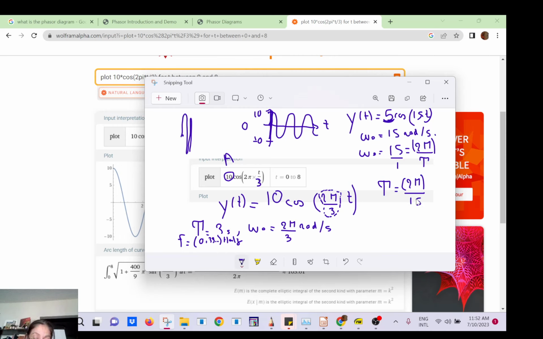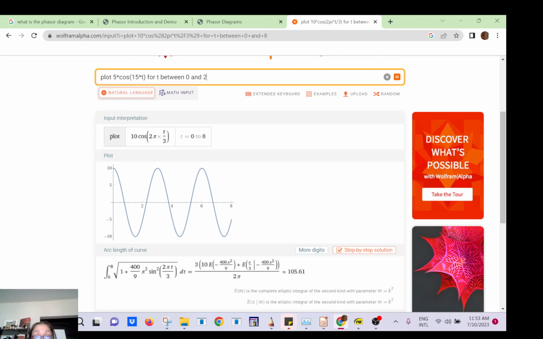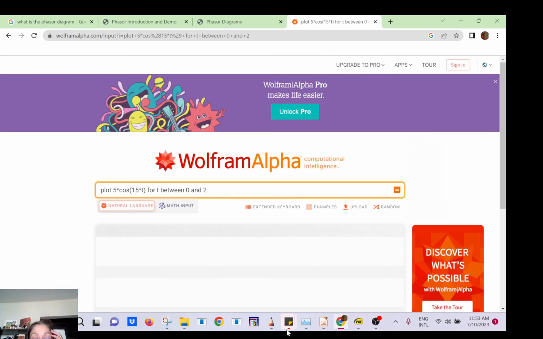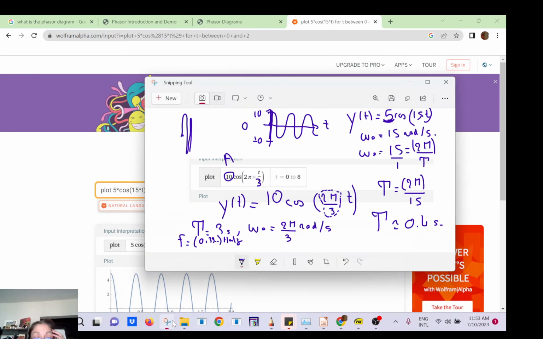So the amplitude is 5 and here we have 15. Is that right? Let's look. Indeed, the amplitude is 5, so at t equals 0 it is 5. And you see 1, 2, 3, 4, 0.4.